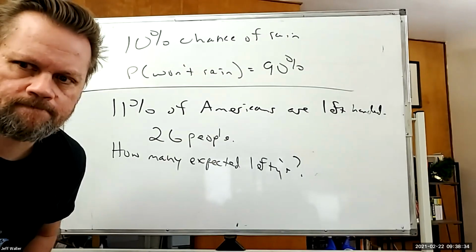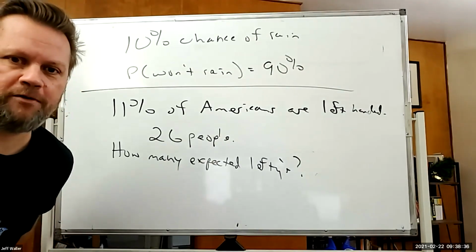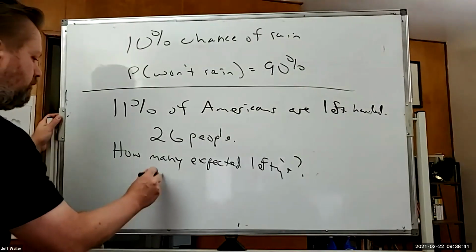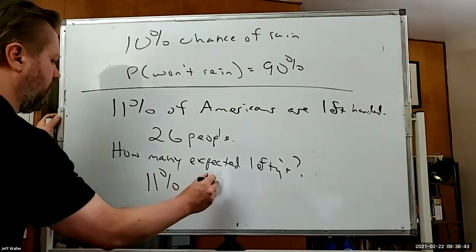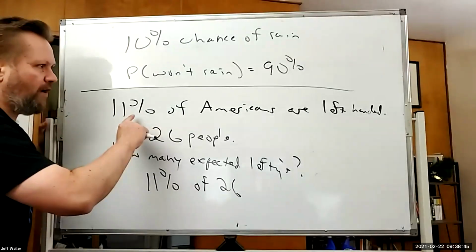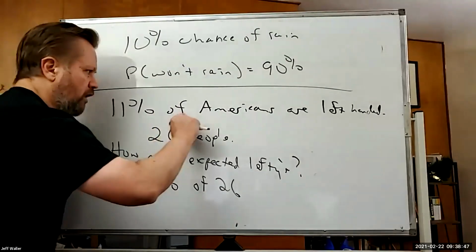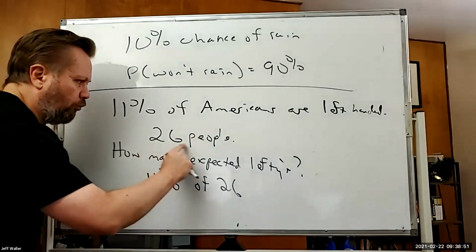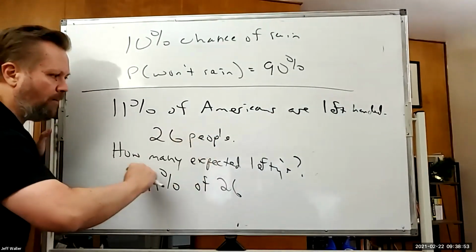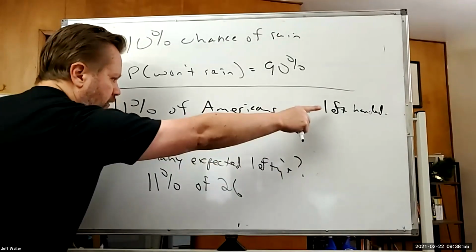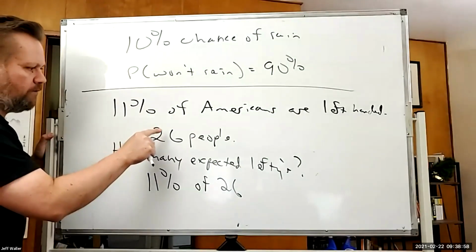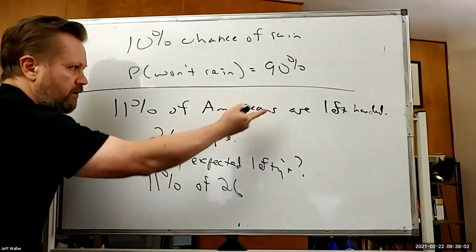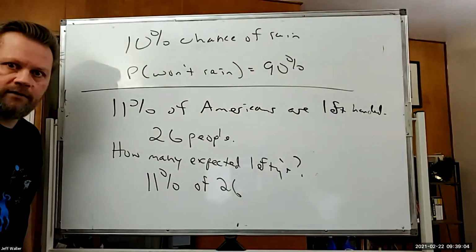3. Tell me what you're doing. 0.11 times 26. So 11% of 26. If I know the percentage of everybody that is something, and they give me a group, how many I expect to be that thing is the percentage of the group size. I expect 11% of any group of Americans to be left-handed.